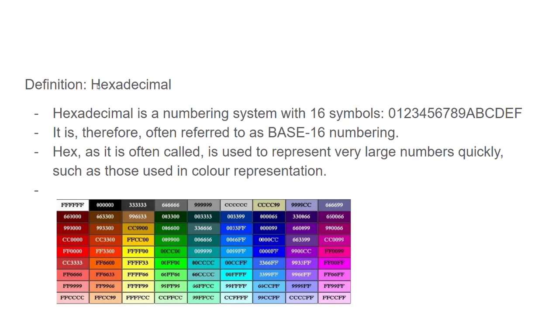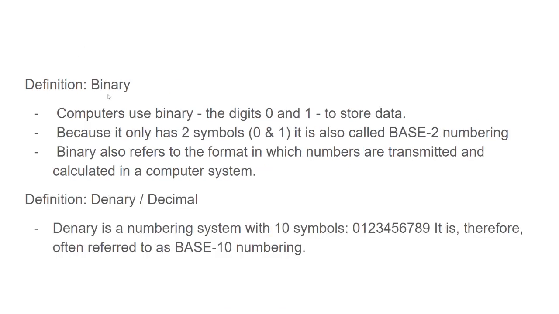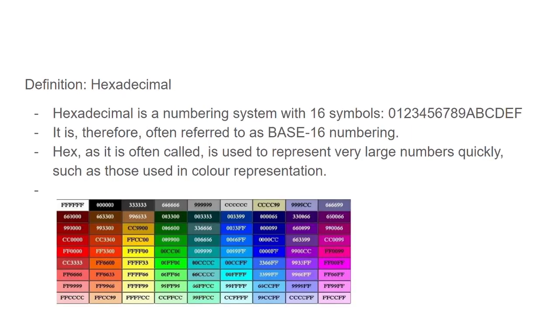Now, what is hexadecimal? This is binary, a base 2 numbering system where 0 and 1 are there. This is decimal, a base of 10, so 10 numbers are there. Now what is hexadecimal? Hexadecimal is a numbering system with base 16.